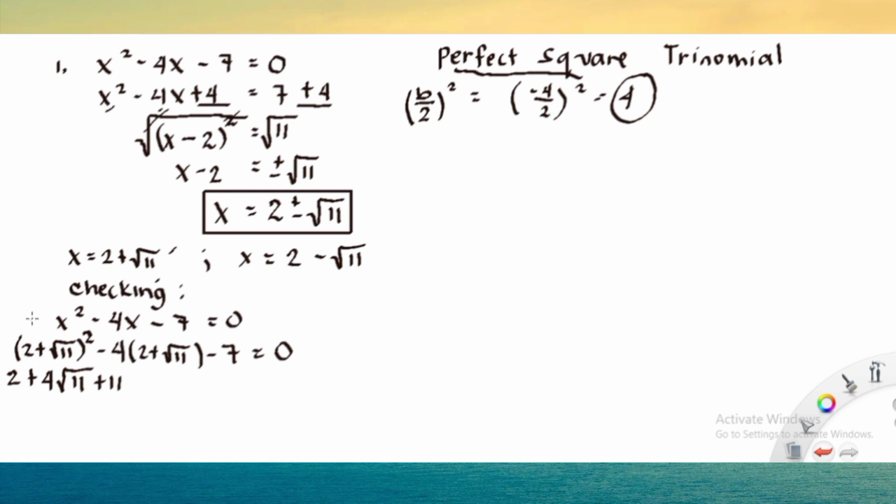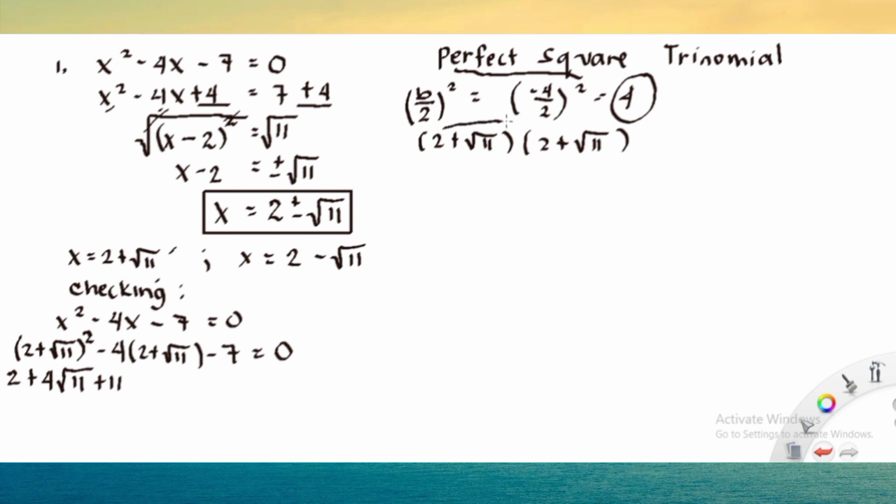Or if you want, expand it using the FOIL method. So, 2 plus the square root of 11 times 2 plus the square root of 11. That is what square of a binomial means. We will still come up with this. I hope you remember the shortcut so that solving doesn't take long.